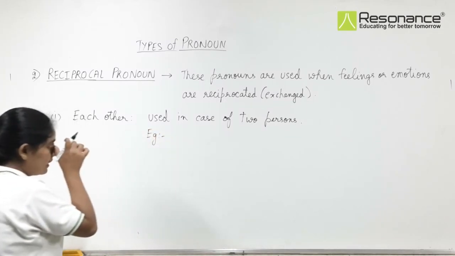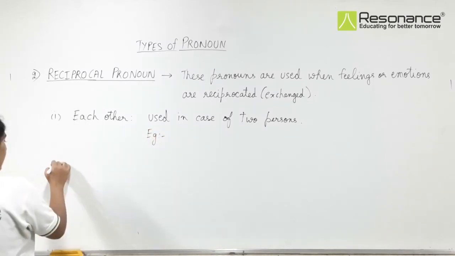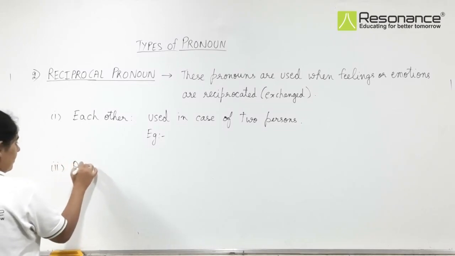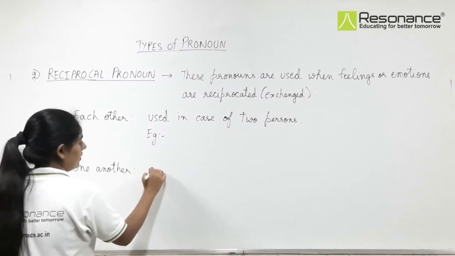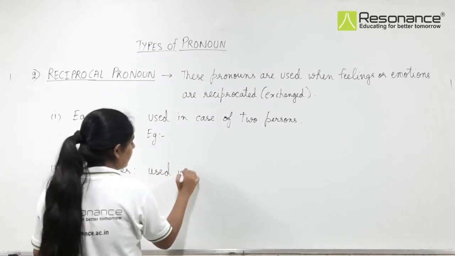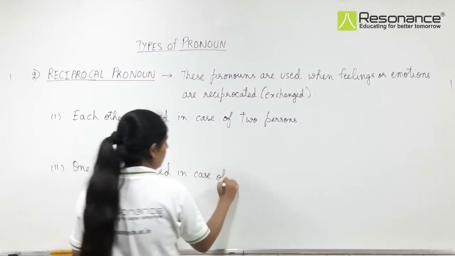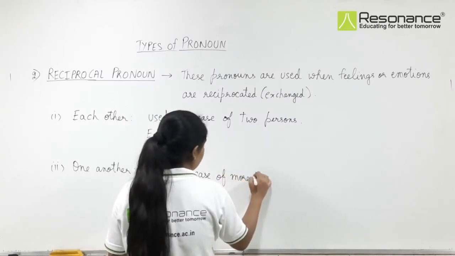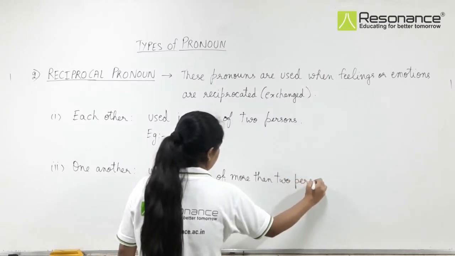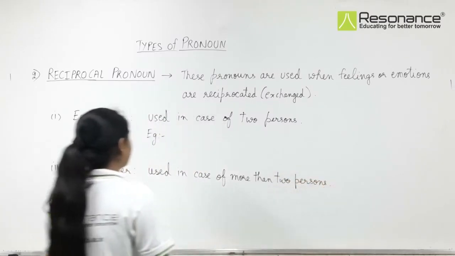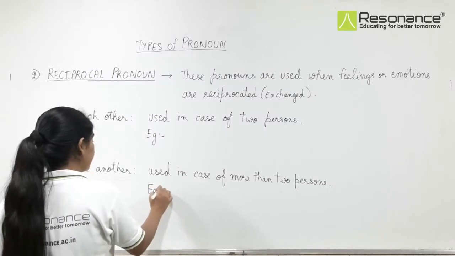Let's have a look at the example first. Now this one another is used in case of more than two persons. Okay, now let's have a look at the examples.